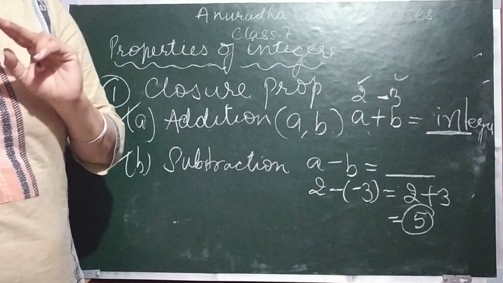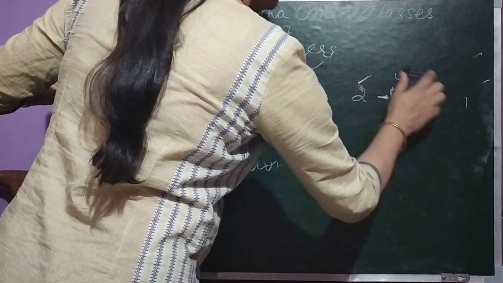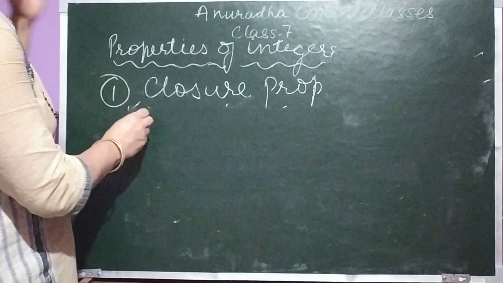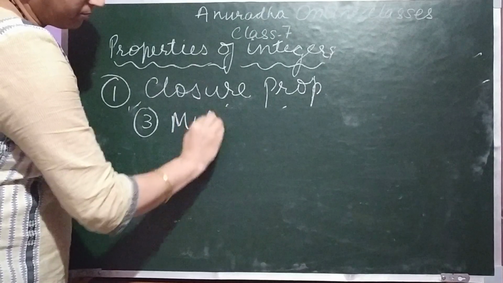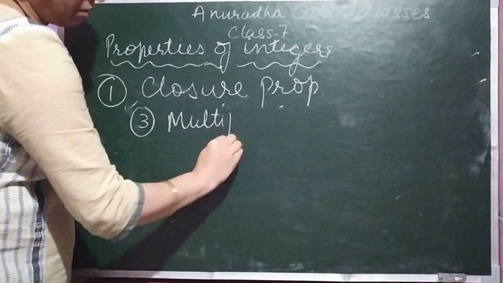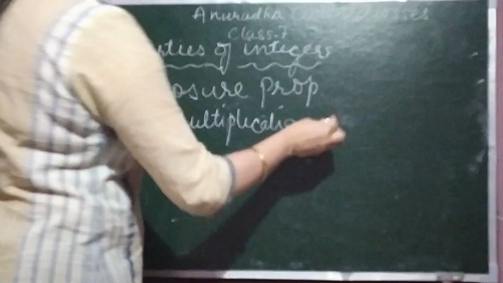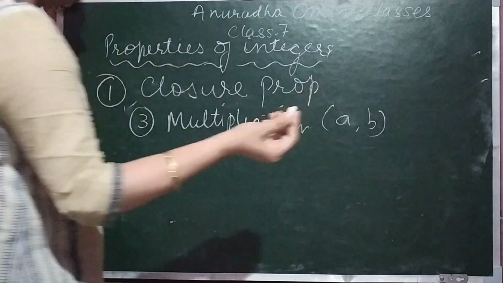Two more operations are left, that is multiplication and division. Now let us see multiplication. Multiplication of integers under closure property. Let us take a and b again.